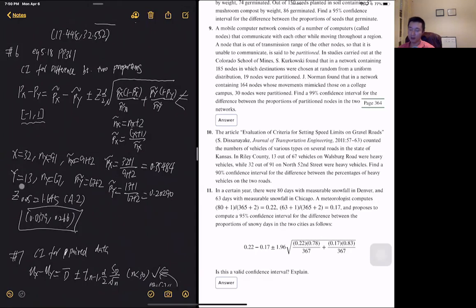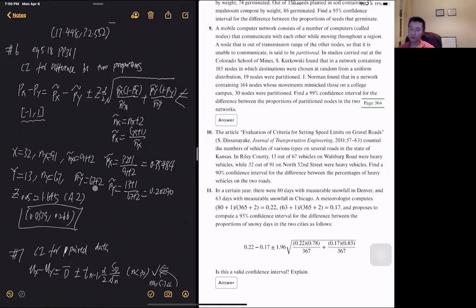Same thing for y. We have 13 out of 67, so ny is equal to 67. So ny plus 2 is 67 plus 2, and modified py is 13 plus 1 over 67 plus 2.